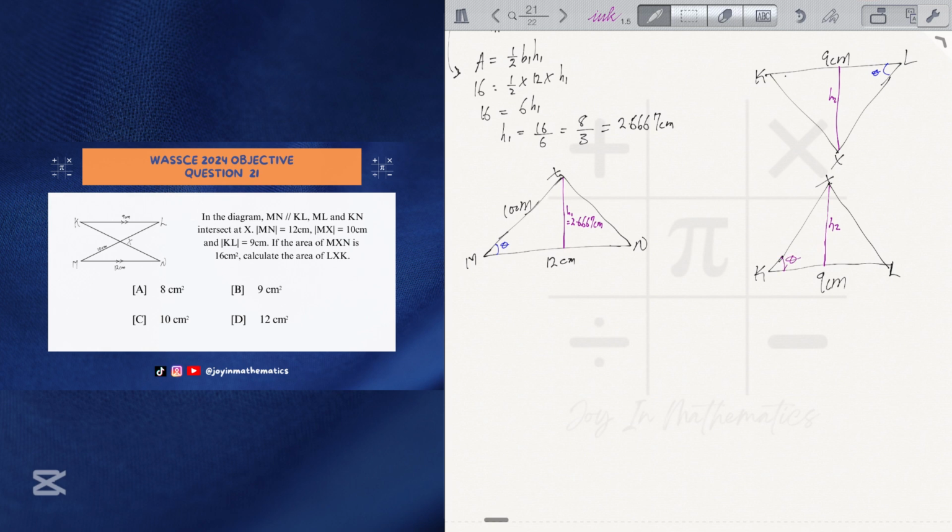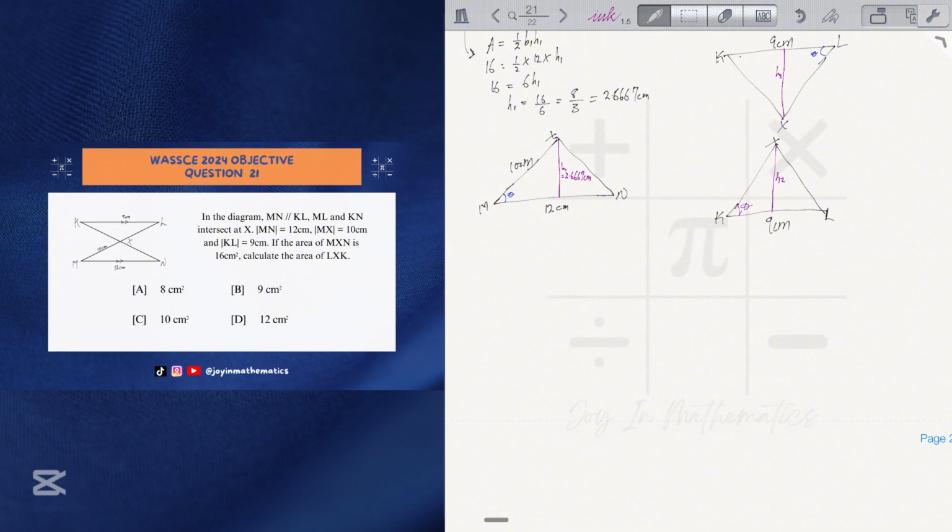With that, we can now apply similar triangles, and the similar triangles will have that H1 divided by 12, that's the height divided by the base, will be equal to H2 divided by the base. For this triangle, H1 is the height, the base is 12, and for this triangle, H2 is the height and the base is 9.